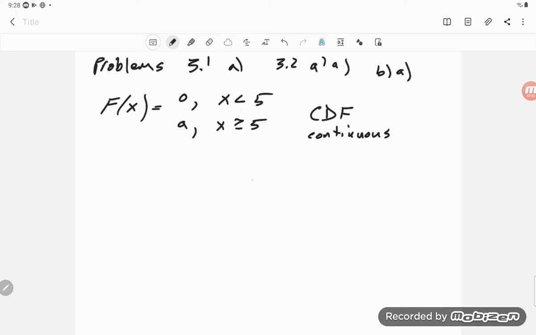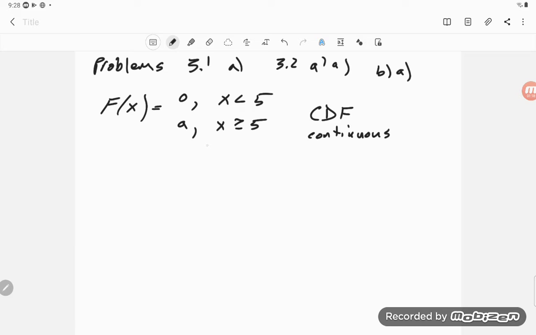And we're supposed to first find A so that this thing is a CDF. Actually, let's see.